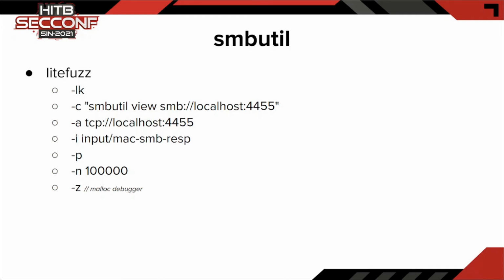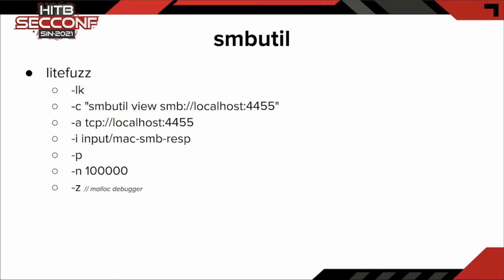Throw in our responses. -P is just saying we're doing a session, so we have more than one input. We want to use everything that's in the SMB response directory and use that as a session sequentially. So in that directory, we have like 1.bin, 2.bin, 3.bin, and it will play each one of those in order and randomly pick one to fuzz and all that stuff.